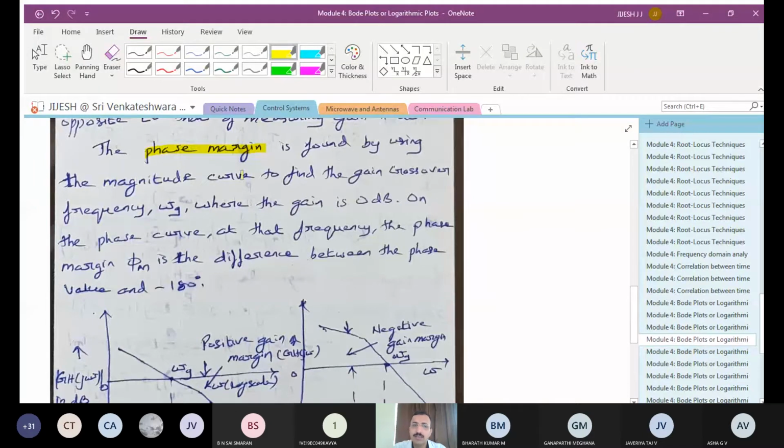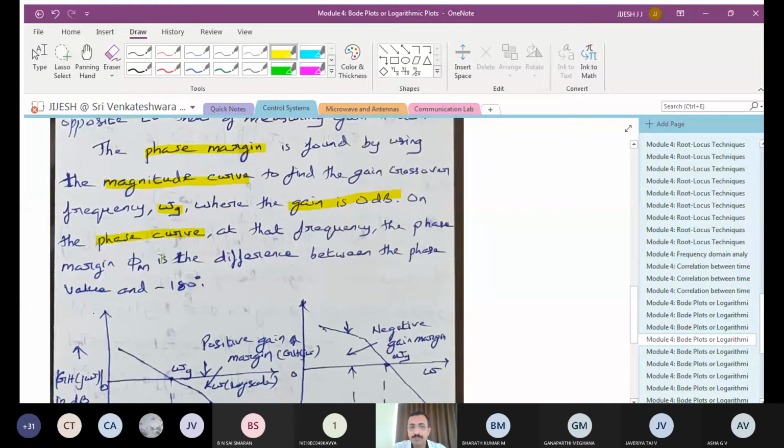To find out gain margin or phase margin, you need both the magnitude as well as the phase plot. Then only you can find out this gain margin and the phase margin. When you go for the phase margin, it can be found by using the magnitude curve to find the gain crossover frequency omega g, which is where the gain is 0 dB, on the phase curve.